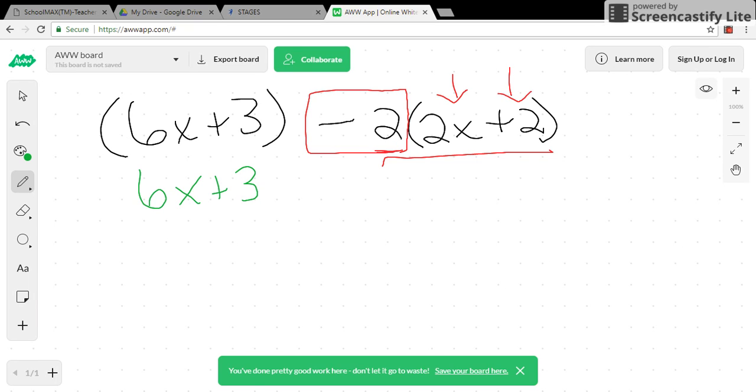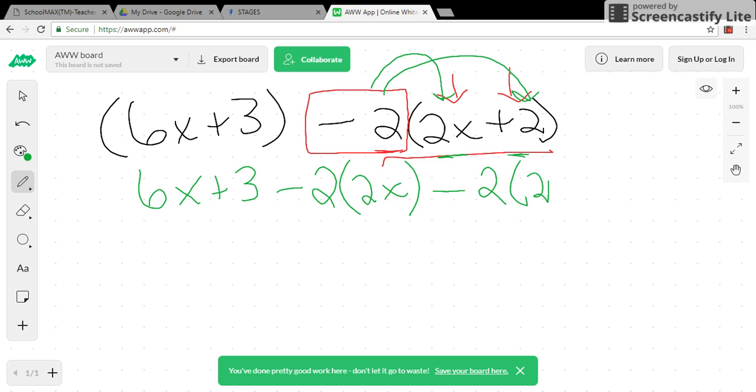Then, if we're looking at the second part of this, minus 2 has to get distributed or multiplied to the 2x and to the 2. There are two terms here, so there should be two terms down here when we go to our second line. That we are taking away a 2 times 2x, and we are also taking away the 2 times the 2.